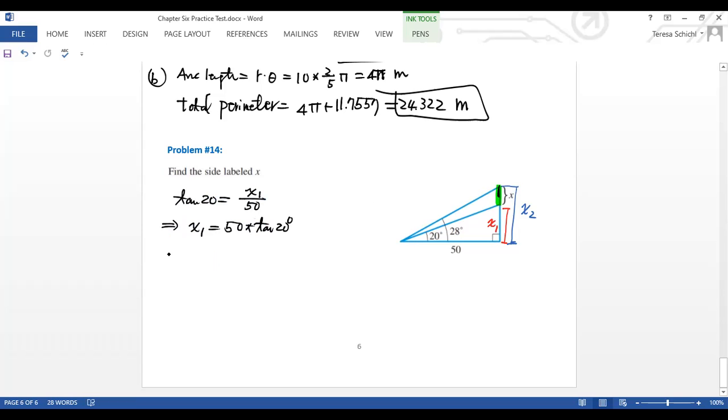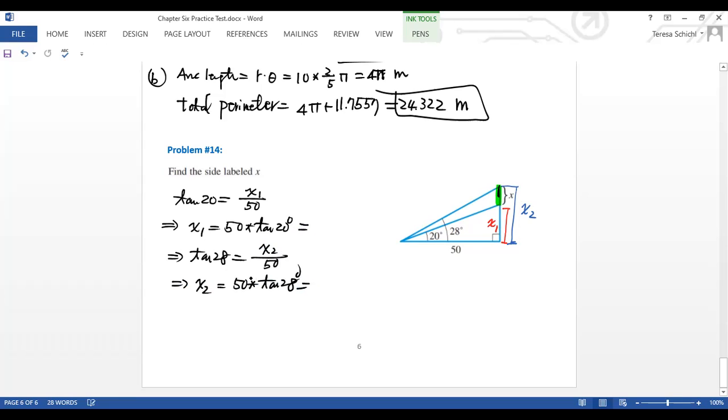The same here. Tangent 28 degrees is equal to x2 over 50, opposite over adjacent again. So x2 is equal to 50 times tangent 28 degrees.